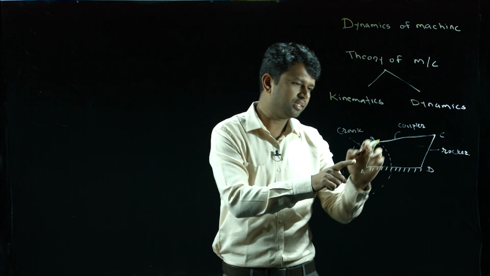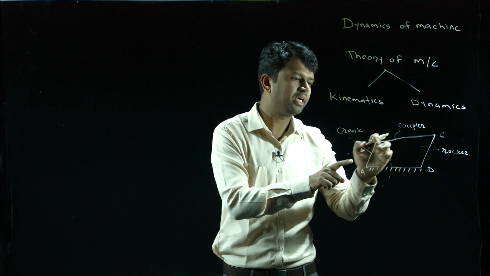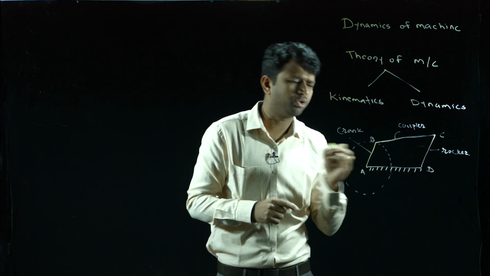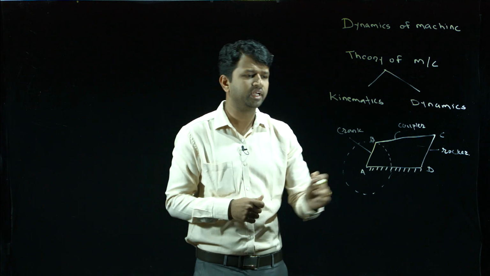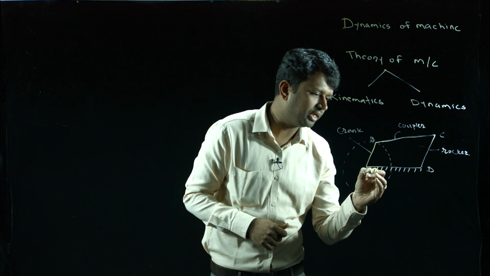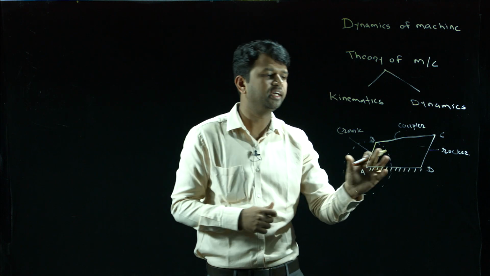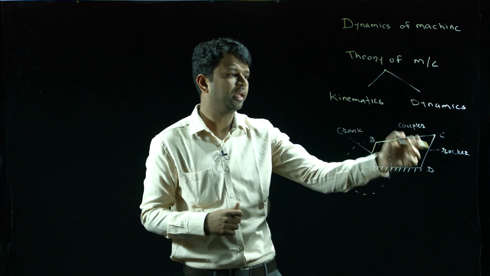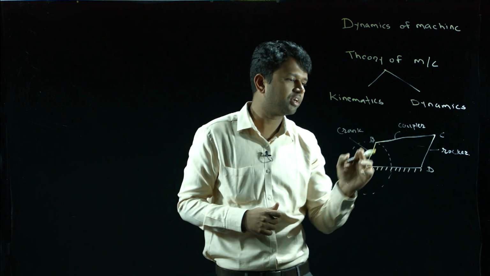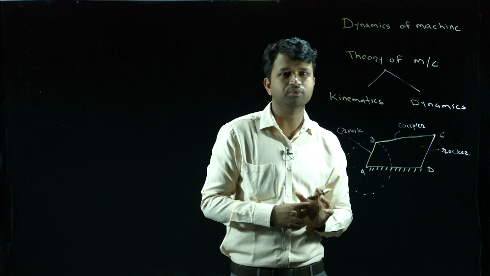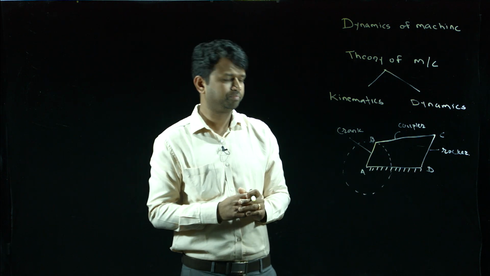So when you connect these kinematic pairs alternately and the first point is joined to the last point, then you will get a kinematic chain. Okay, and when one of the links of a kinematic chain is fixed, then it is known as mechanism. And the method of obtaining different mechanisms by fixing different links is known as inversion of mechanism.